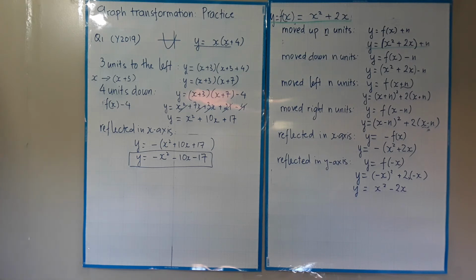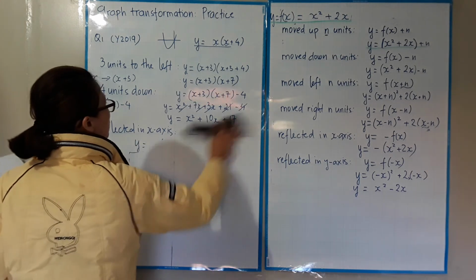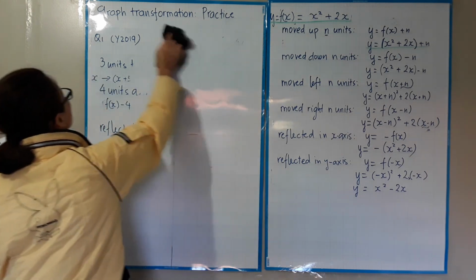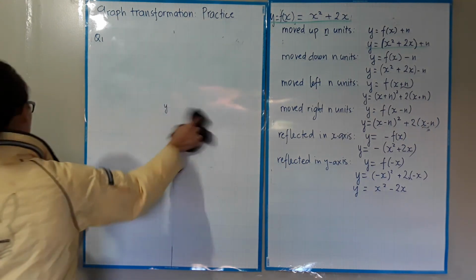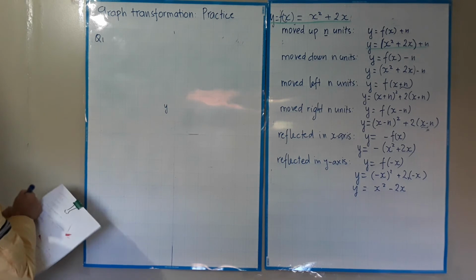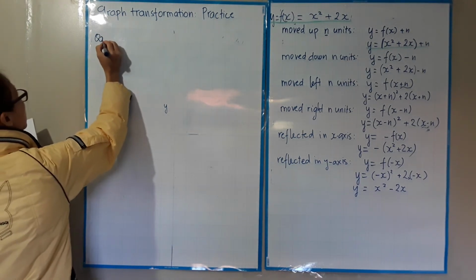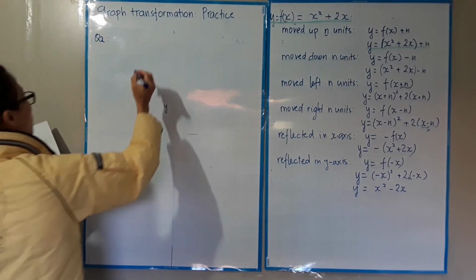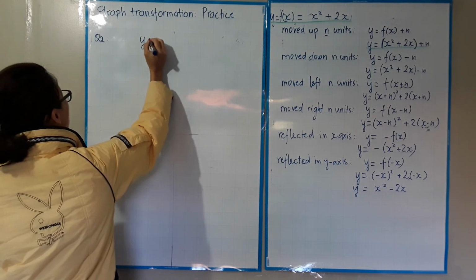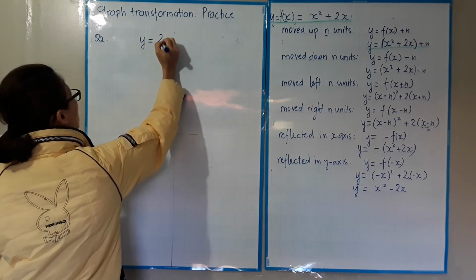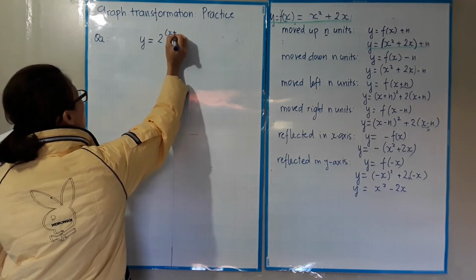Okay. So you move to another question. I think it's year 2018, question 2. They already gave you the equation y equals 2 to the power of x plus 1.